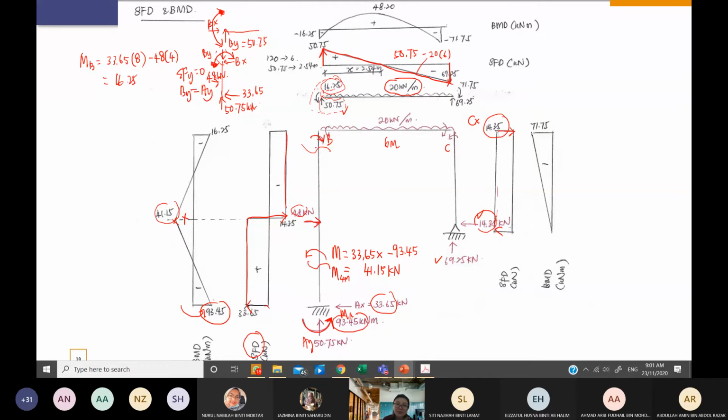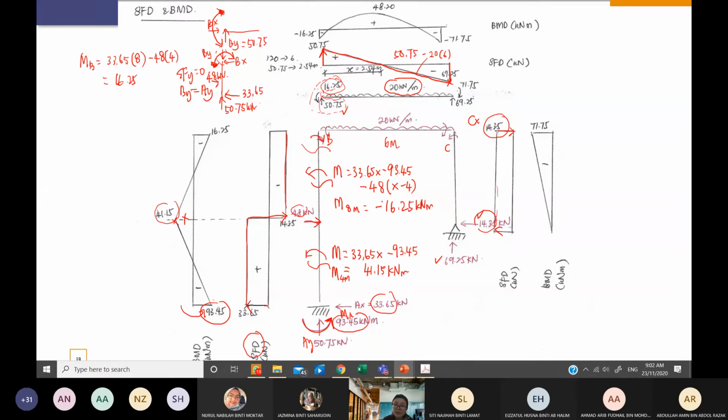And then I come to here, for example. I can copy everything from just now, and then I minus 48 times x minus 4. So my M at 8 meter will be negative 16.25.